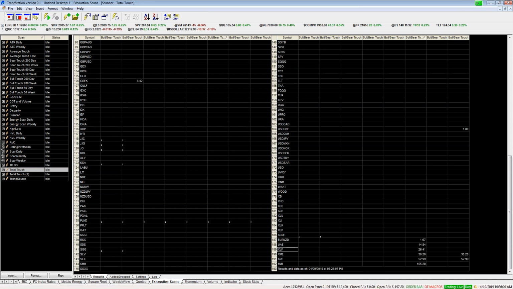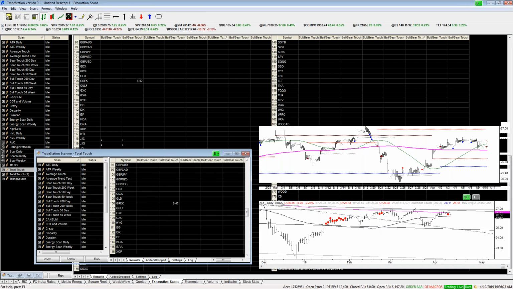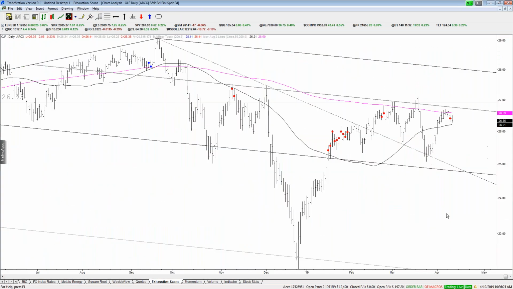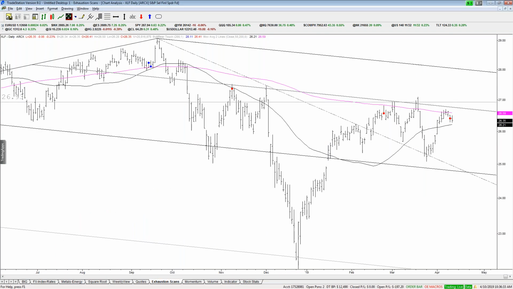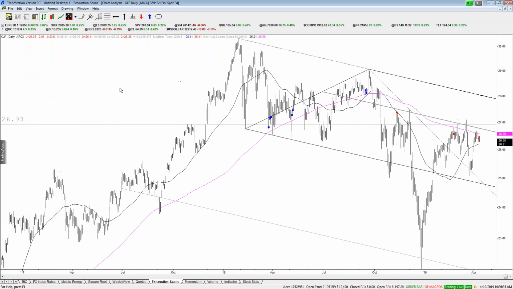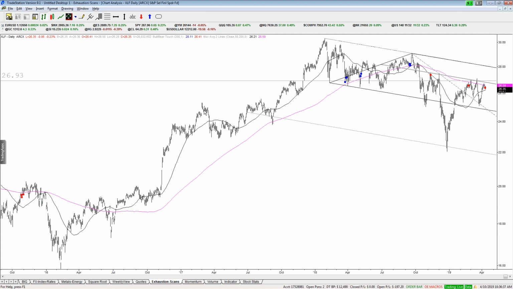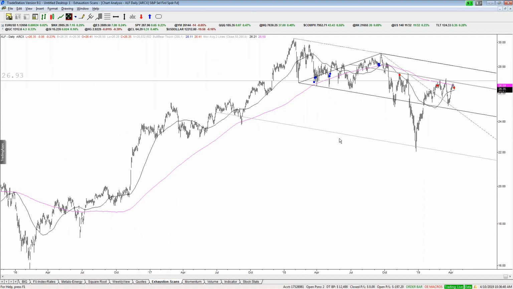So yesterday we actually got a couple of these triggers. XLF was one of them. XLF, of course, is the financial spider ETF. So you can see here, the blue dots represent buying opportunities and the red dots represent selling opportunities.